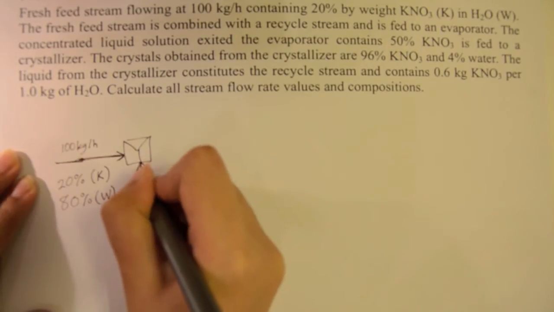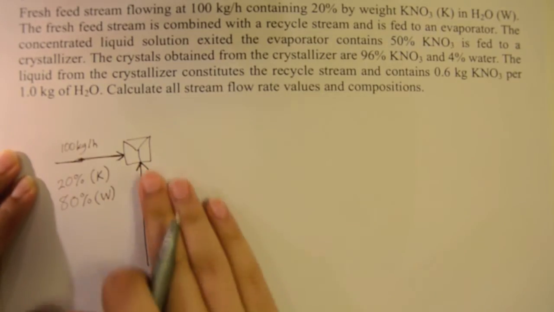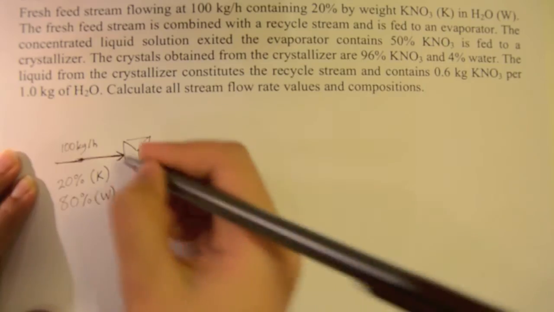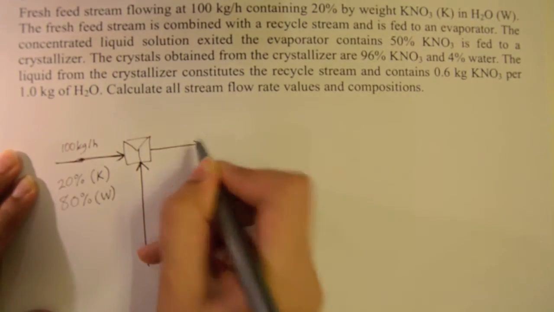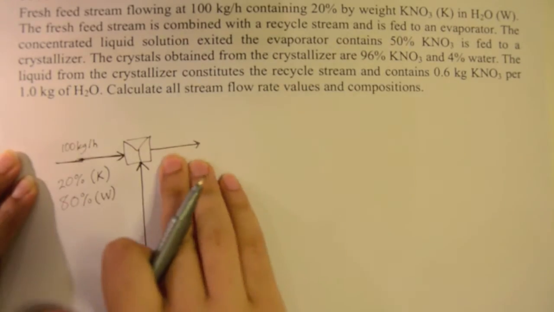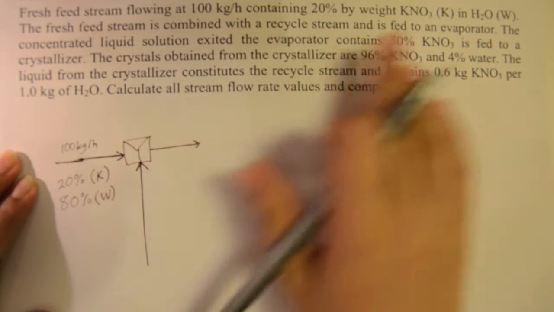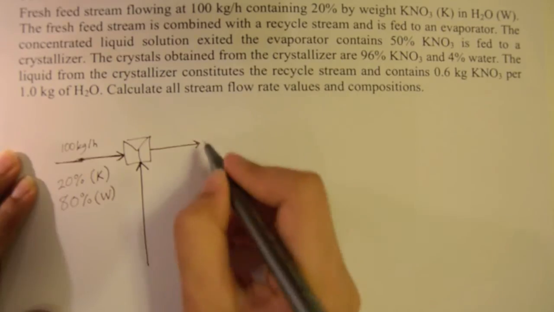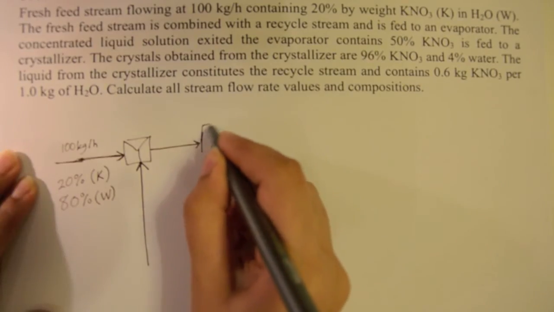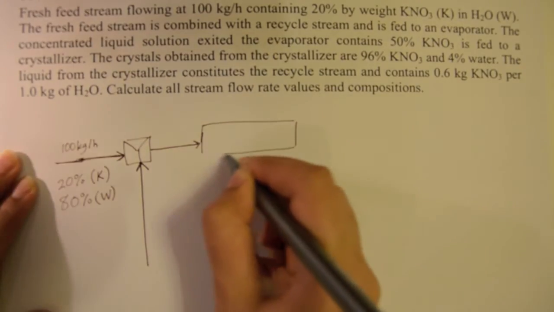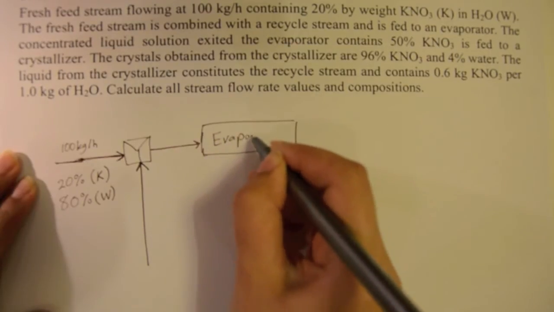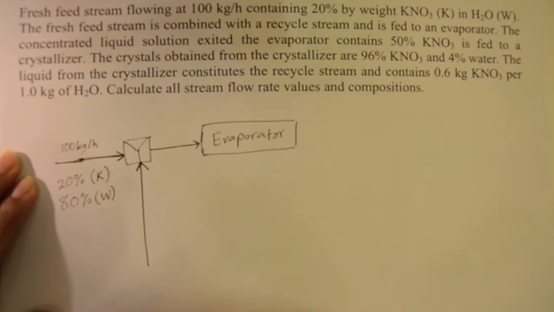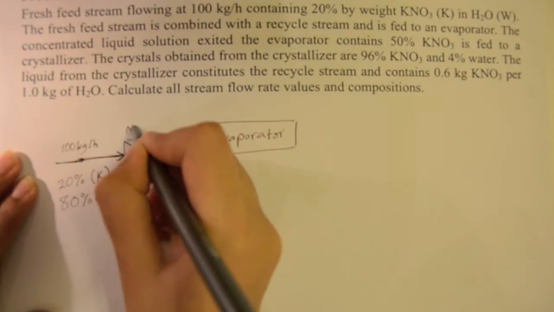So there's a stream here coming from the recycled stream, and the mixed stream is entering the evaporator. So we will draw the evaporator here. We can write evaporator, and this is the mixer, of course.